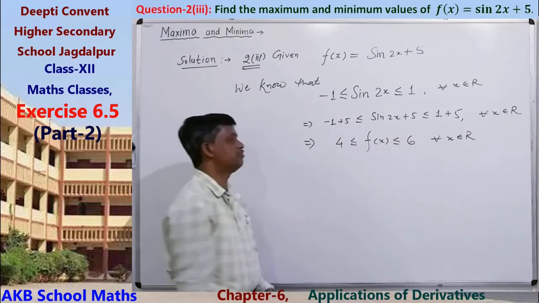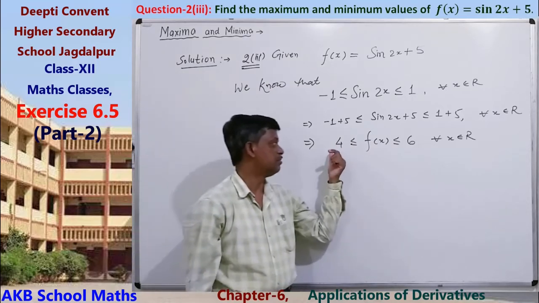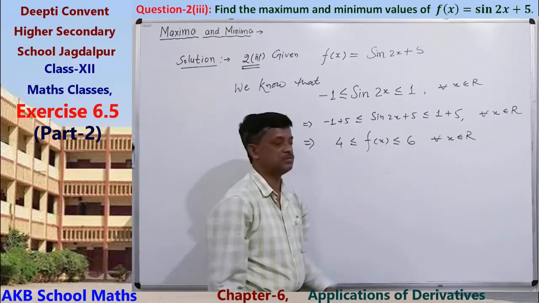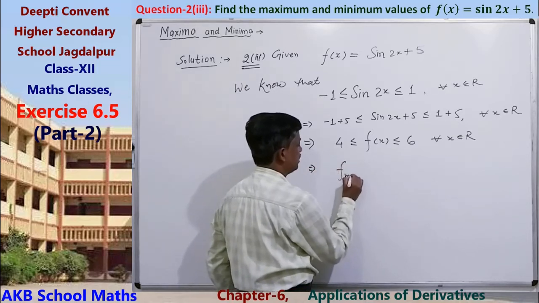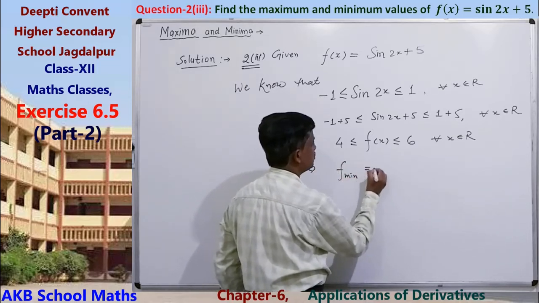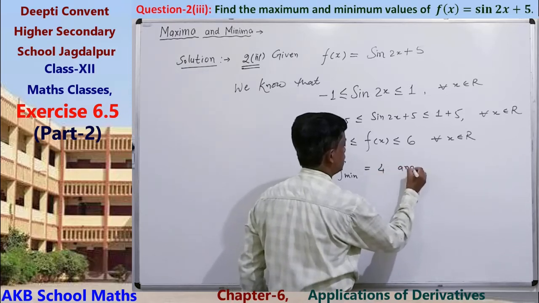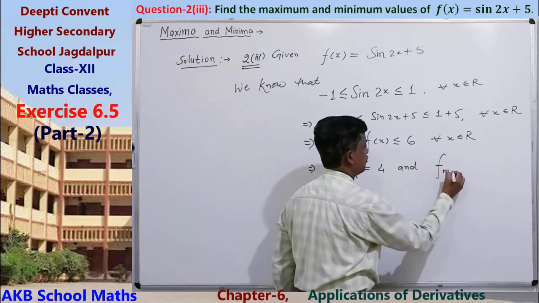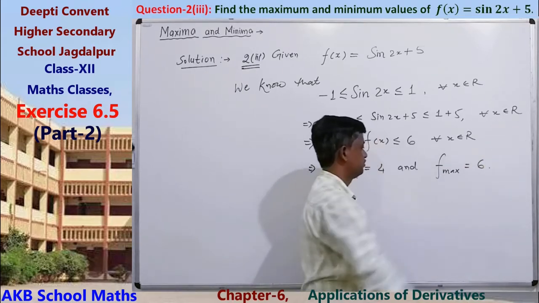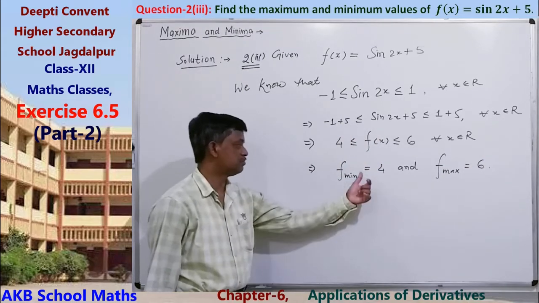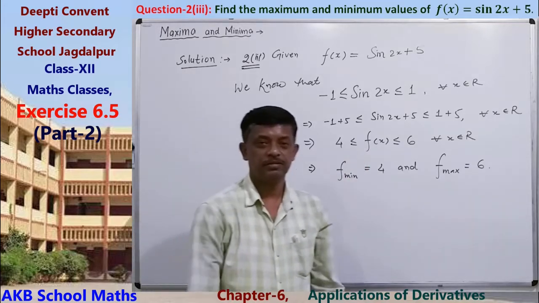From this it is very clear that 4 is the minimum value and 6 is the maximum value. So f minimum value equals 4 and f maximum value equals 6. Okay.